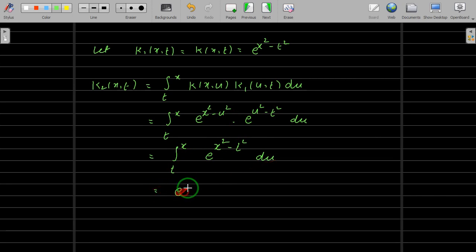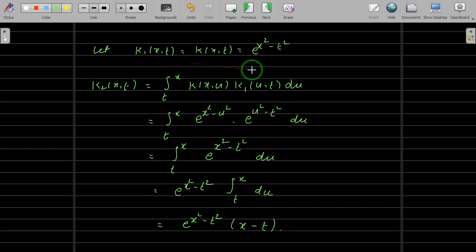This is e raised to x square minus t square, which is common, so you can take it out, times integral t to x du. When you integrate, upper limit minus lower limit, it will be x minus t.